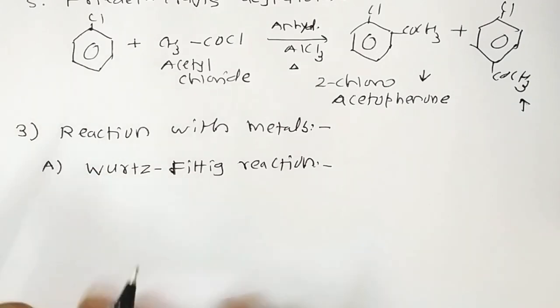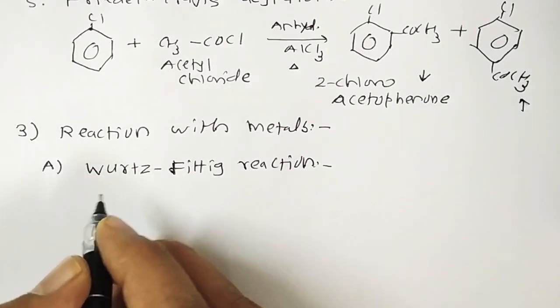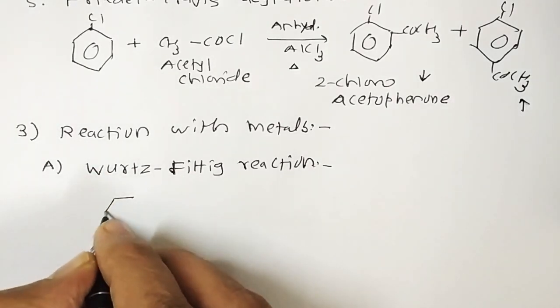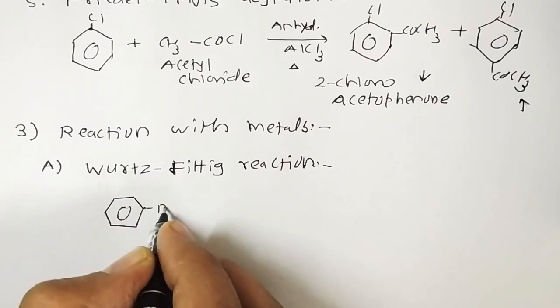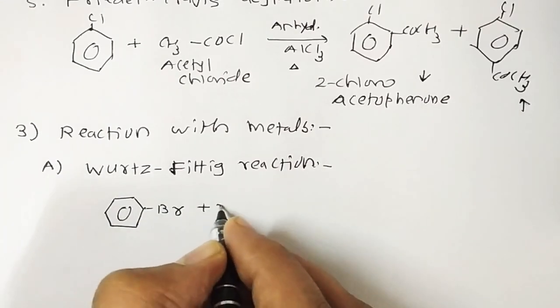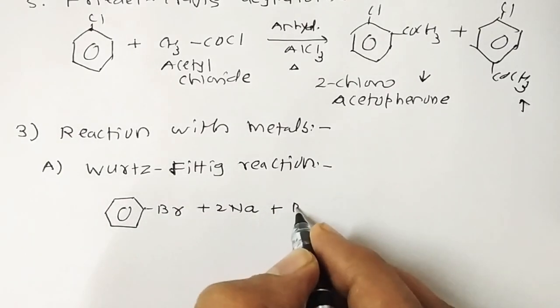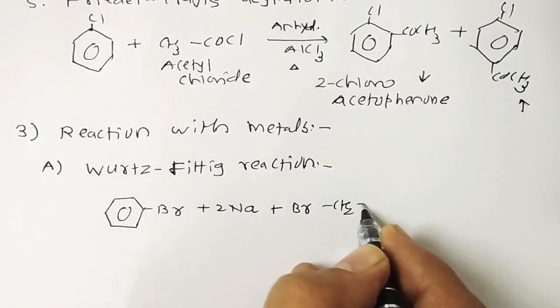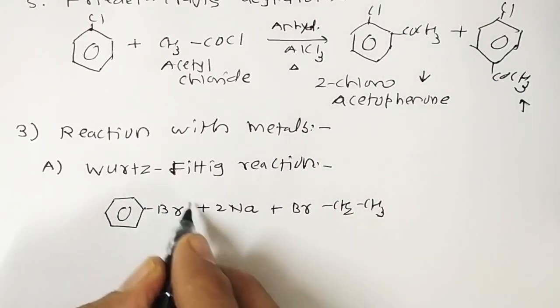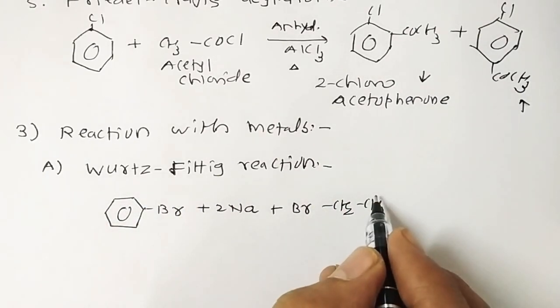The concept in both cases is the same. First we have to take, for example, bromobenzene. When this bromobenzene reacts with granules of sodium in the presence of ethyl bromide, one species is haloarene and the remaining is haloalkane.